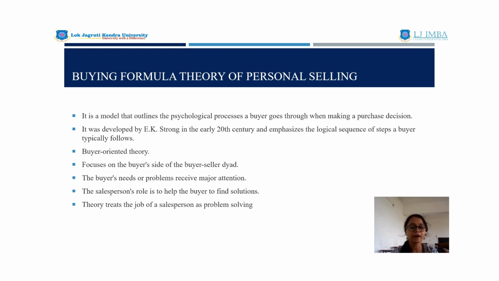Earlier we had the product and we were pitching it to the customers. If they needed and liked the product, they could buy. But now we are focusing on the problem, on the needs of the customers, and we are solving their problem accordingly.